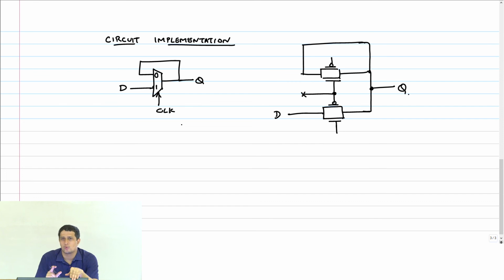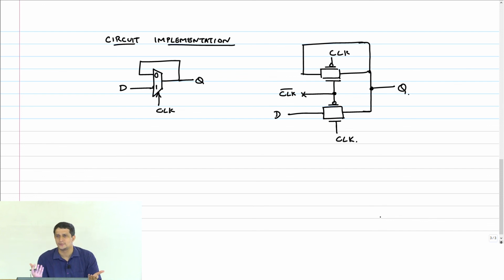When clock is 1, right, we want the D to go through. So when clock is 1, this has to be 1. Therefore, that has to be clock bar, and this also has to be clock, right?